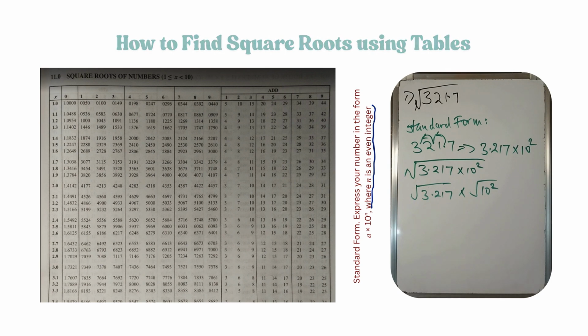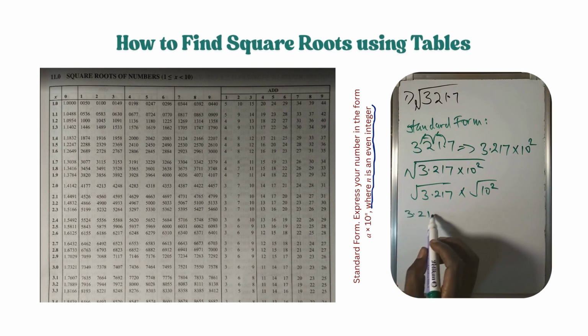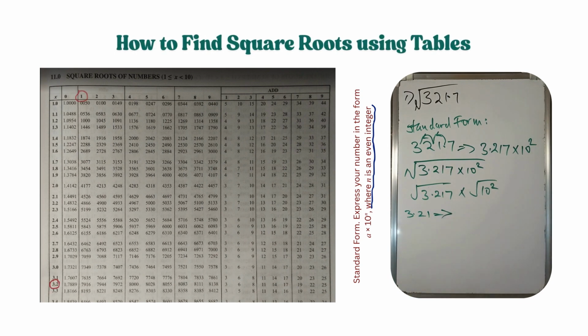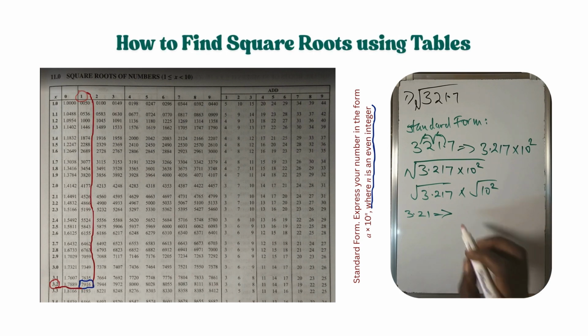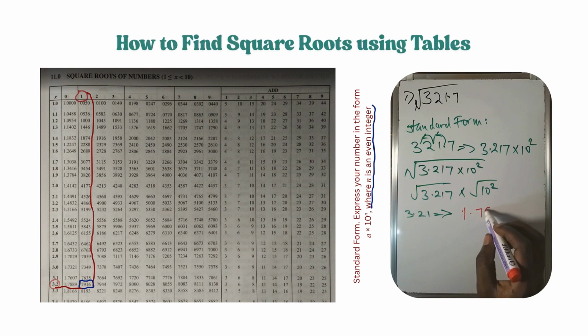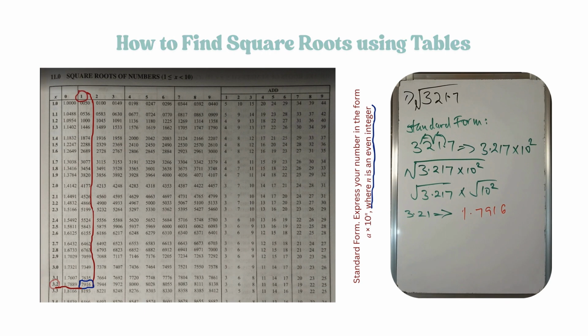We'll start with 3.21, for which we have 1.7916, and then find the mean difference.